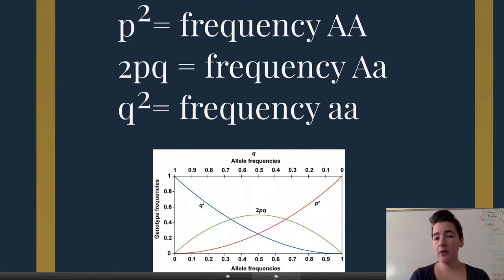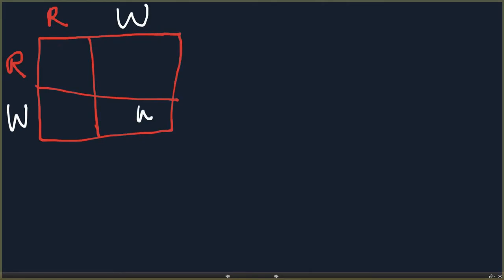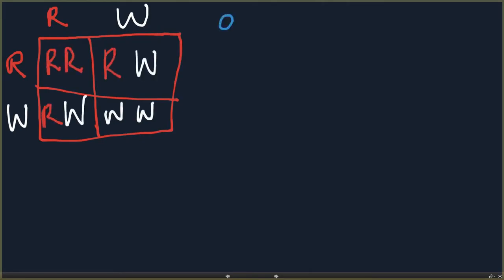When doing Hardy-Weinberg problems, basically all you need to do is plug in what you know and then solve for the unknown. Let's go ahead and go through a problem real quick. Let's say we have a population of flowers. We have a red gene and a white gene, and it is incomplete dominance where the red and the white gene together will cause pink.